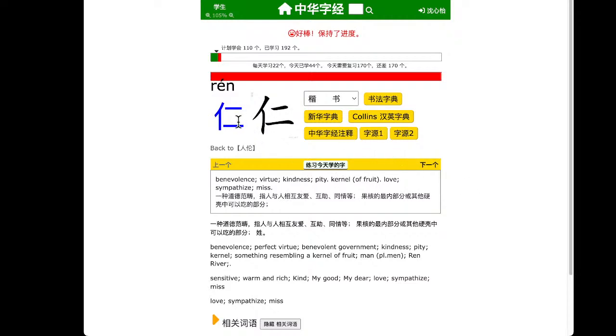This means two person. On the left is a person. And on the right is the number 2. Two person. So this word basically represents a concept called reciprocity. So it's like the golden rule, do unto others as you would have them do unto you.